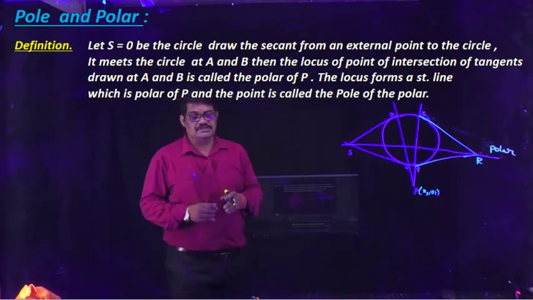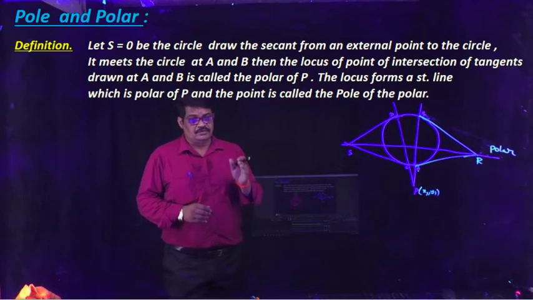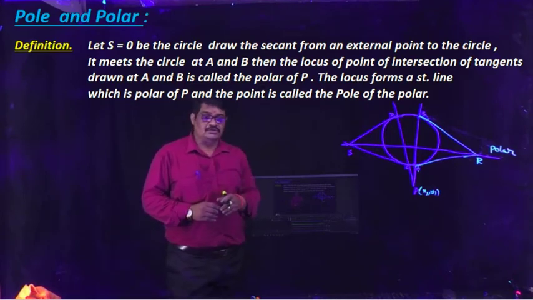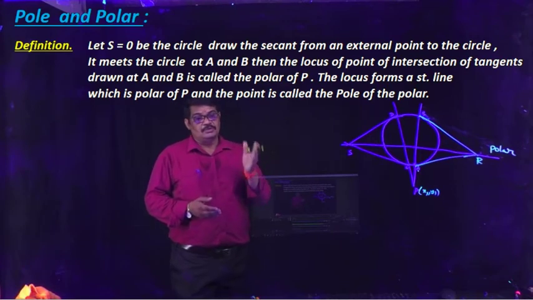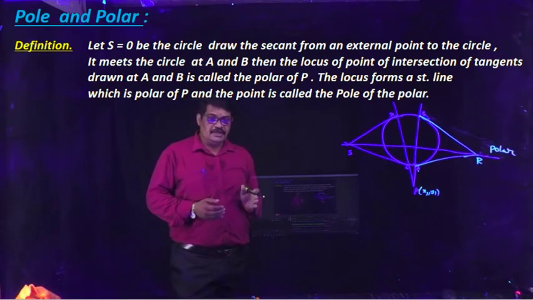This definition is very important, you must understand it clearly. So what is the pole and what is the polar? The polar is the locus of the point of intersection of the tangents drawn at the points where the secants through capital P meet the circle.